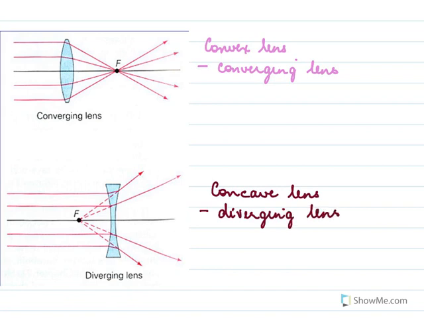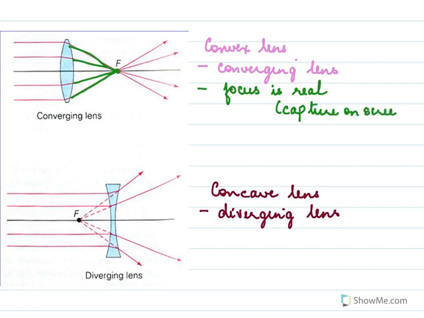Now when it comes to the focus, if you notice here, the rays actually meet at the focus. So the focus is real. You will be able to capture it on a screen. That spot will be bright. If you keep a paper at this spot here, you will get a nice and bright spot.